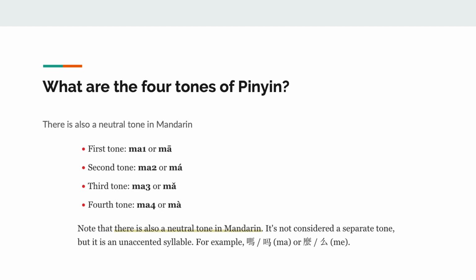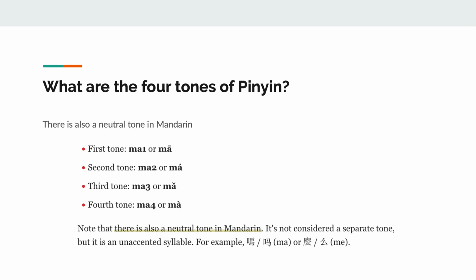Ma with the second tone can also be written ma2. Ma with the third tone can also be written ma3. Ma with the fourth tone can also be written ma4. That's if you can't type the accent with the letter.